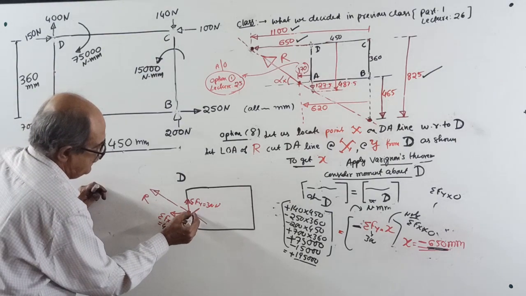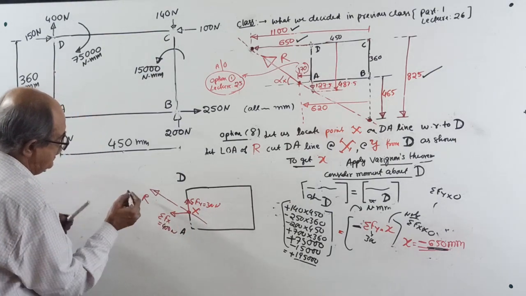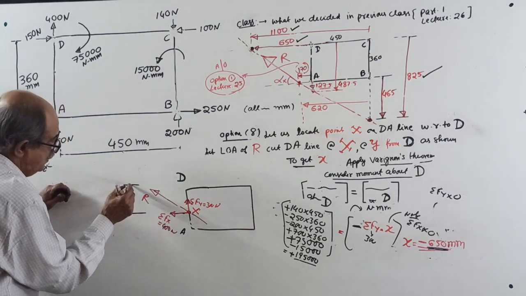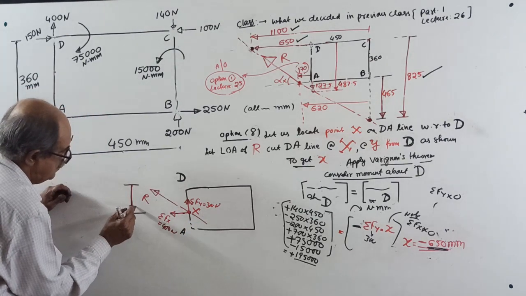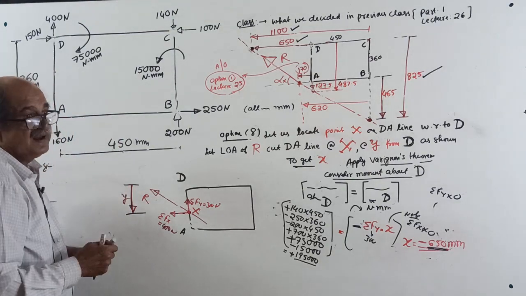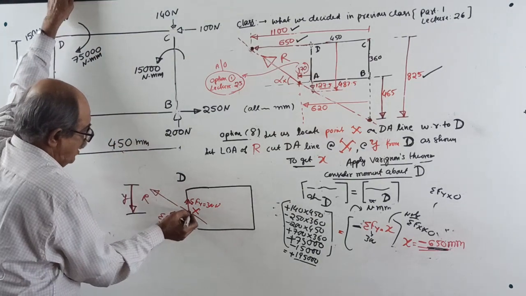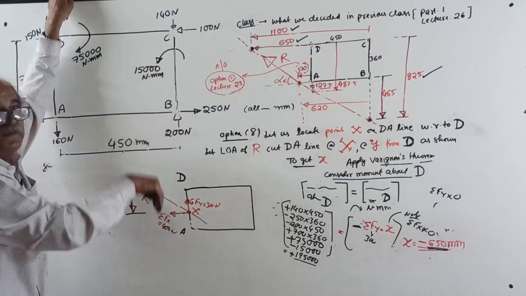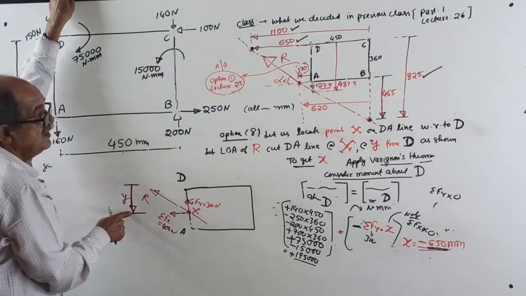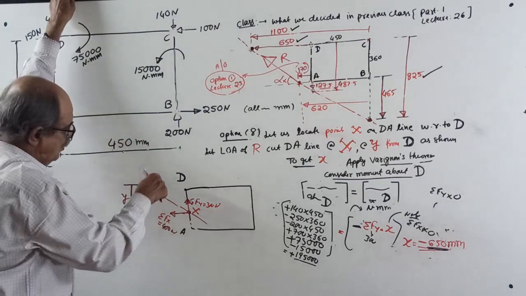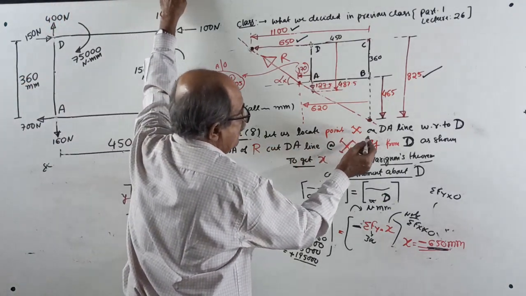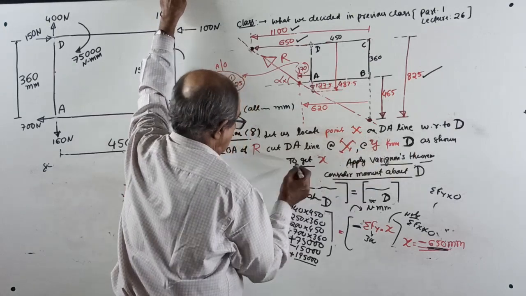This is the point X. From D, you are taking the point X below, by Y. We are considering the point X with respect to D below the point D. Now let us locate point X over Y from D to get Y.